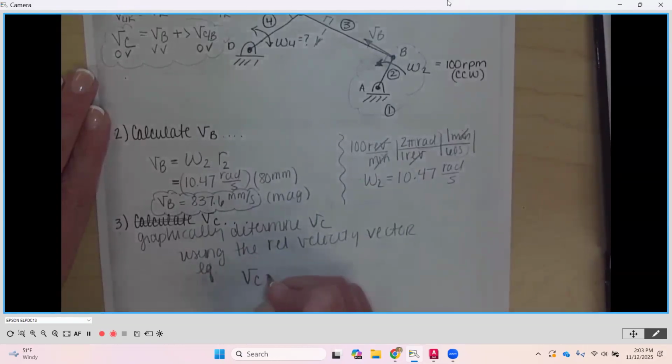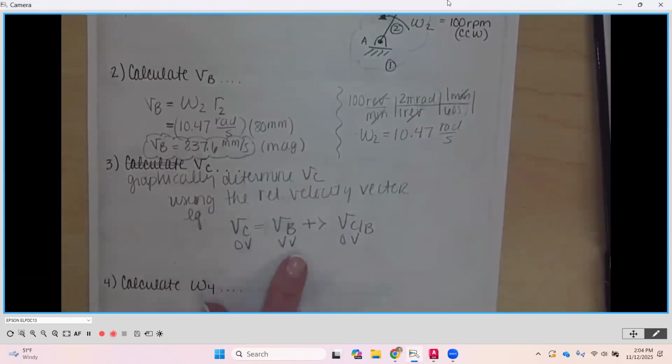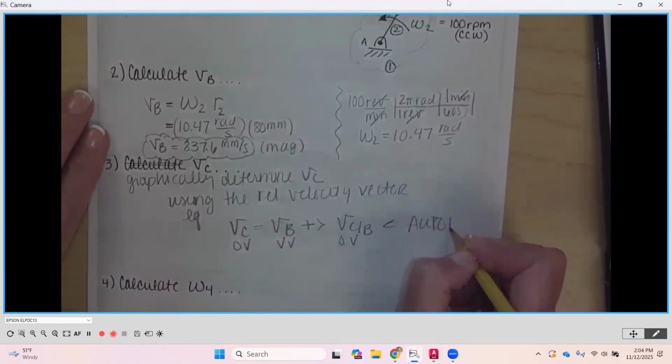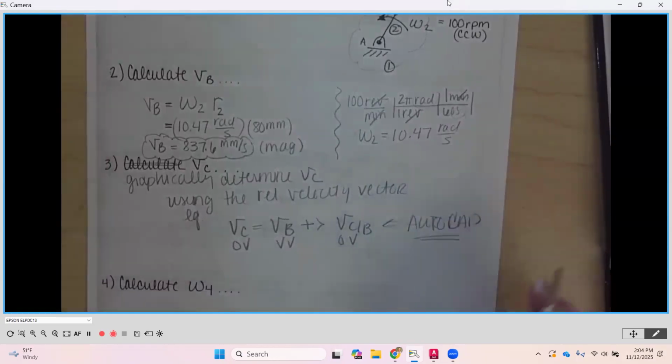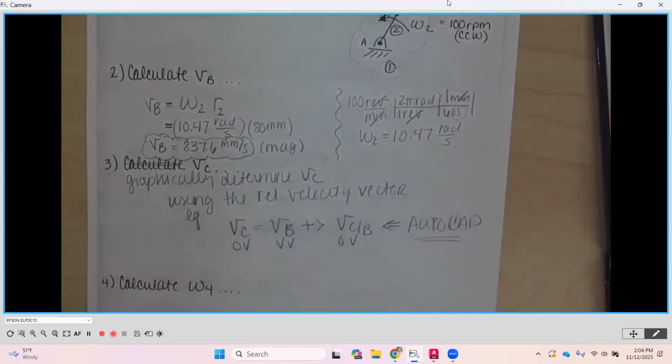Okay, and that's going to be our VC is equal to VB plus vectorially C relative to B, where we know magnitude and direction for B, but then direction only for C and C relative to B. And this we're going to perform in AutoCAD. Okay, that we're going to perform in AutoCAD. All right.